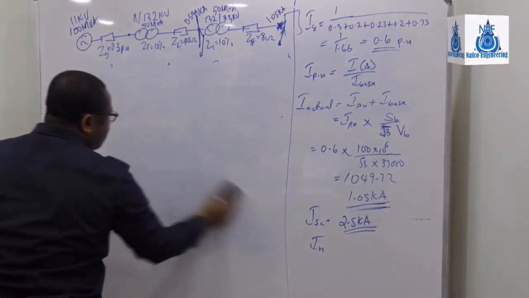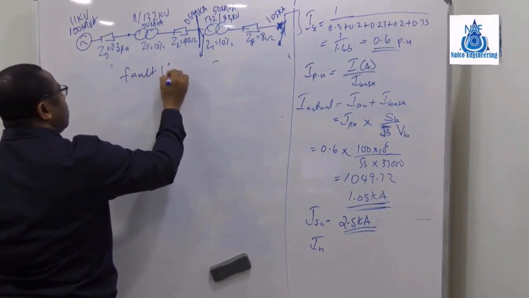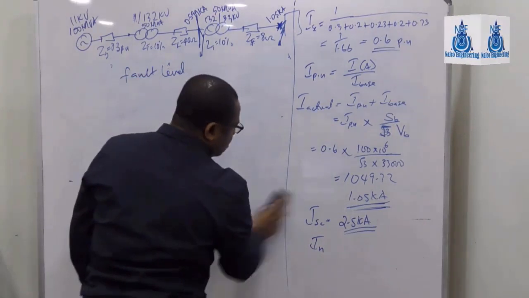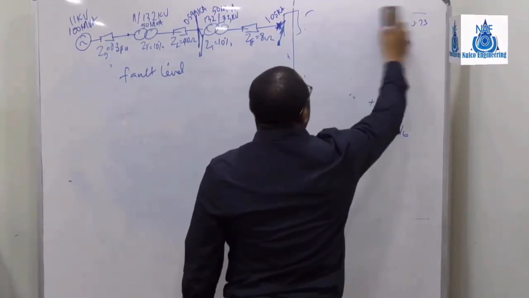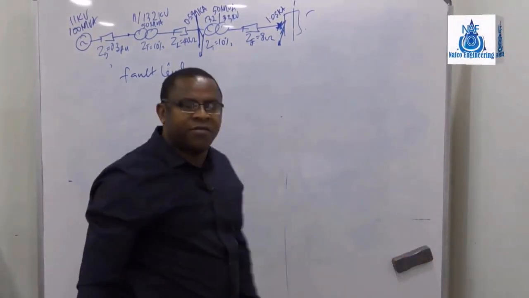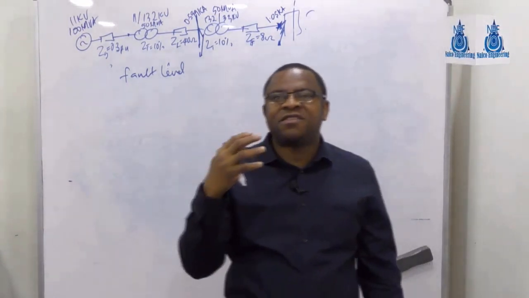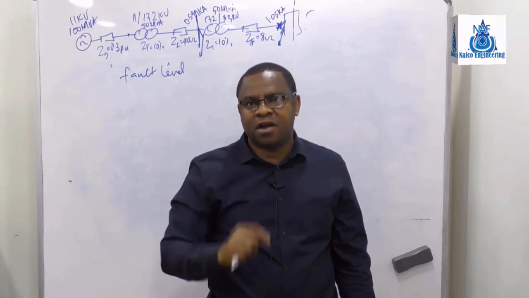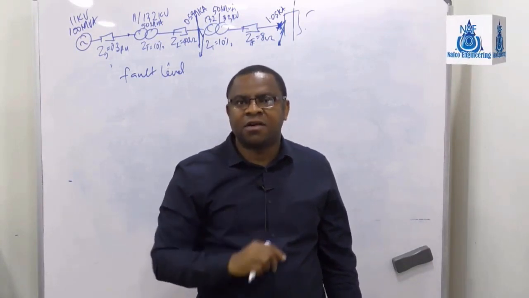Now, I'm going to introduce fault level before we solve problems. Fault level is the measure of the system's ability to supply fault current or to handle fault current.